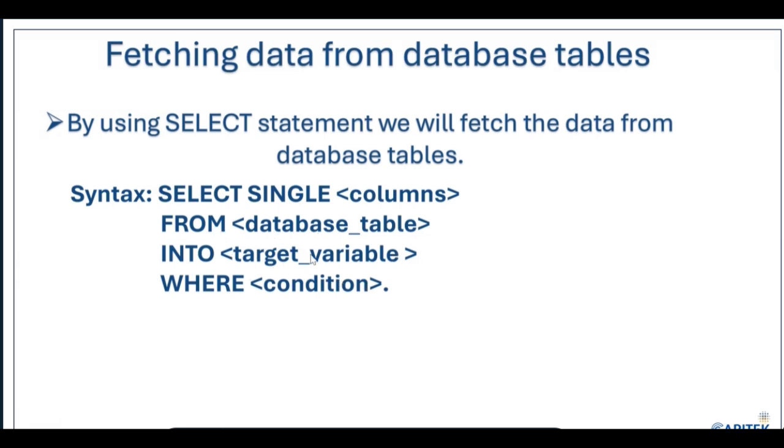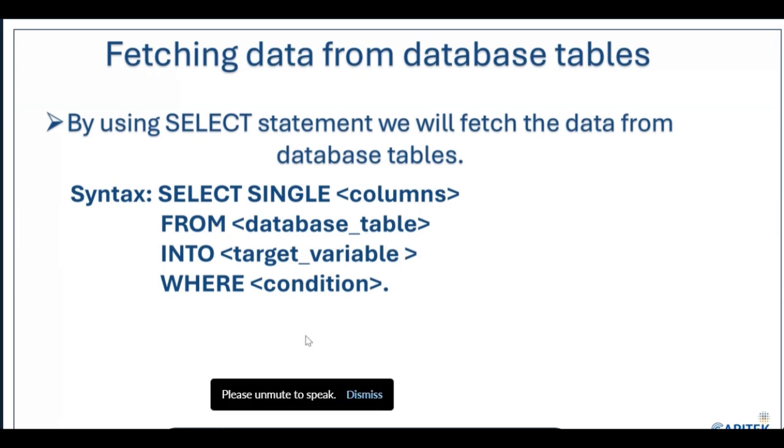It means you will be selecting the data from the database table and putting that into the work area. And also you can apply a WHERE condition. It means what is the criteria to fetch a single record from the database table and put it into your target variable?